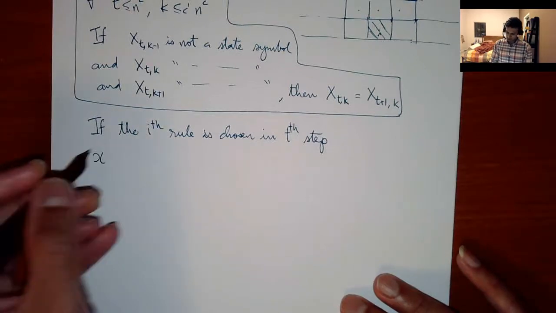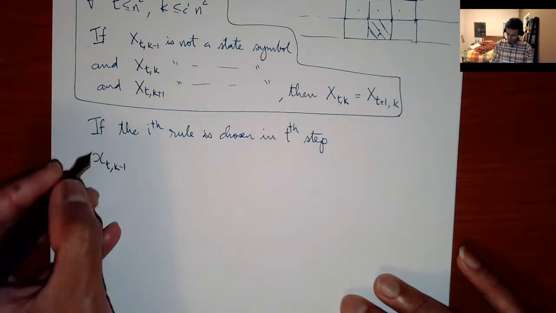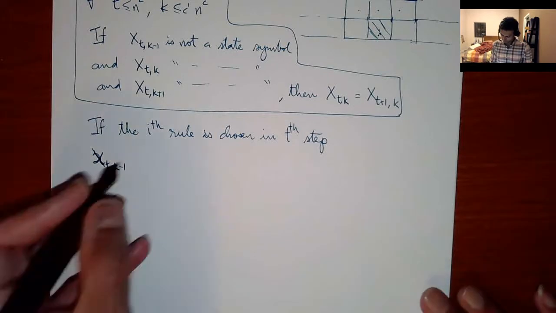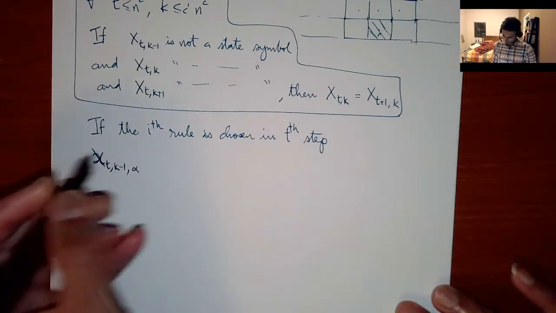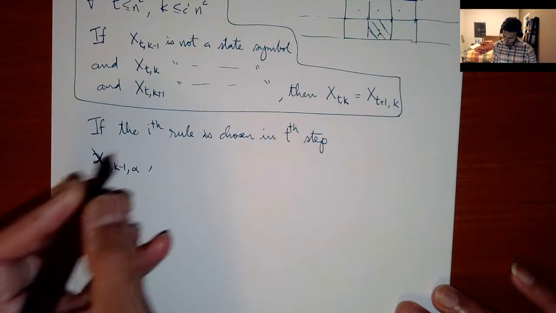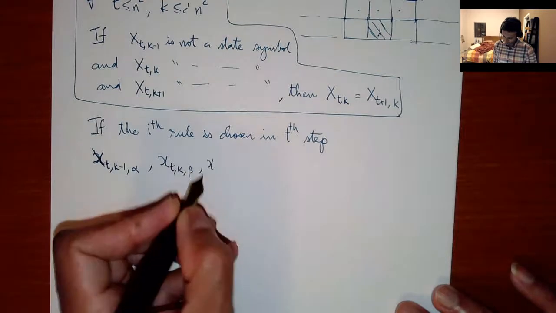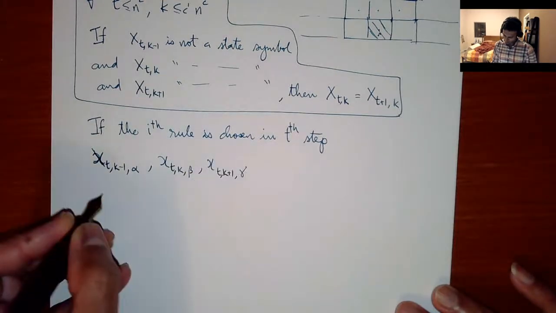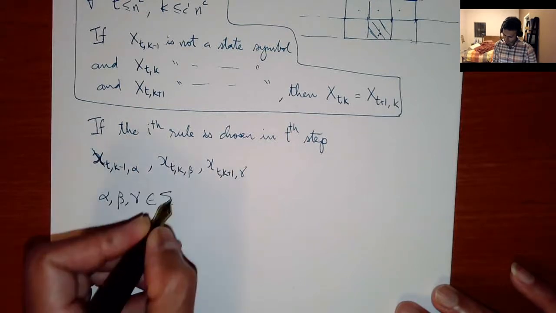Let me write these as x_t,k-1 alpha, x_t,k beta, and x_t,k+1 gamma. So we're looking at alpha, beta, gamma, which are basically in the configuration string.